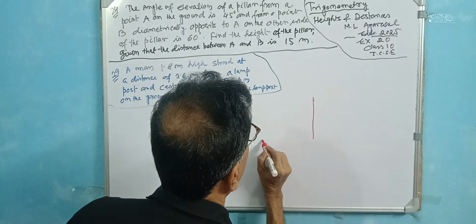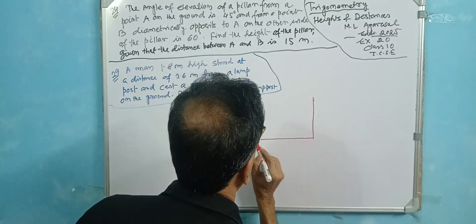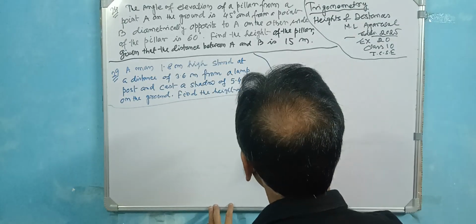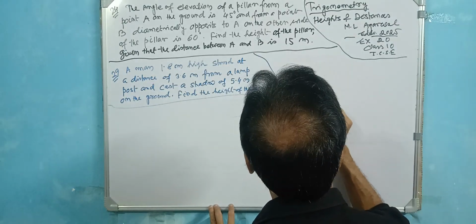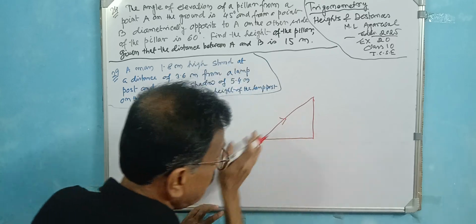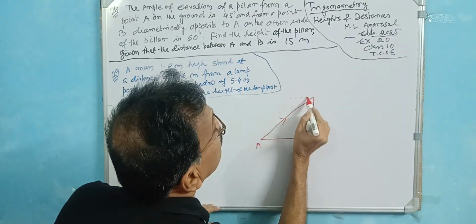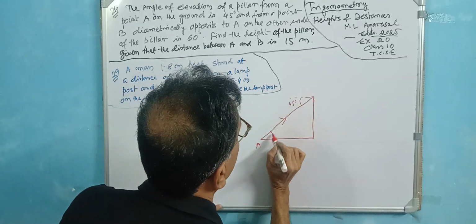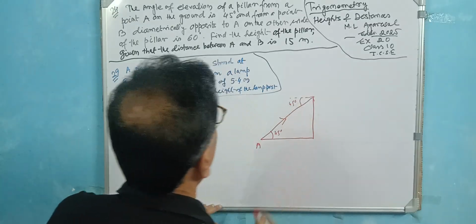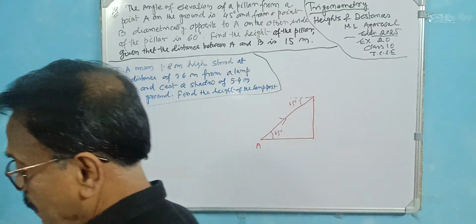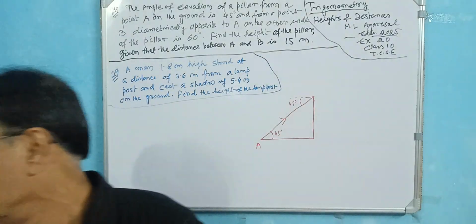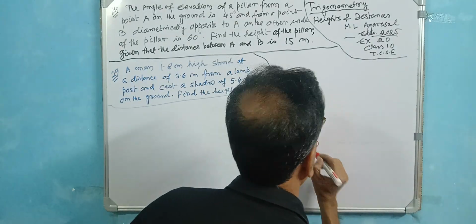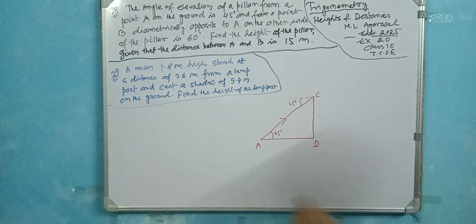Elevation means you see in this way. The drawing is this. This is 45 degree. Clear? Now suppose this is C and this is B, so C is the pillar.